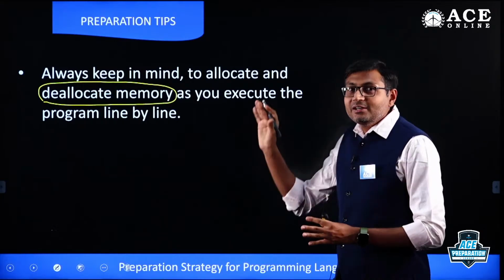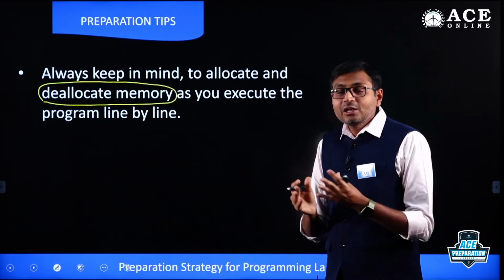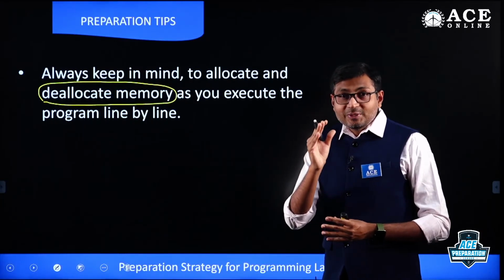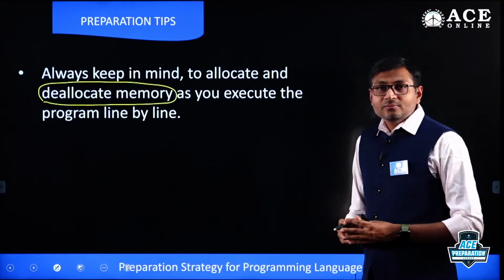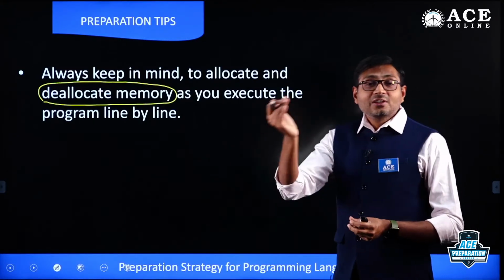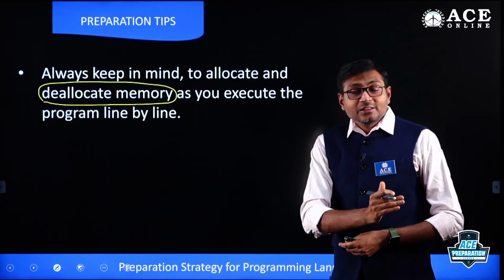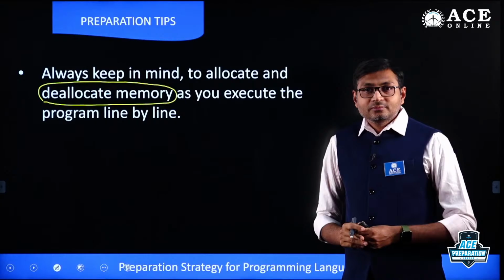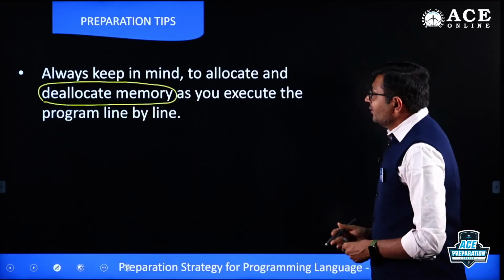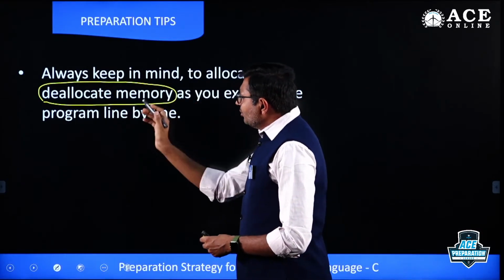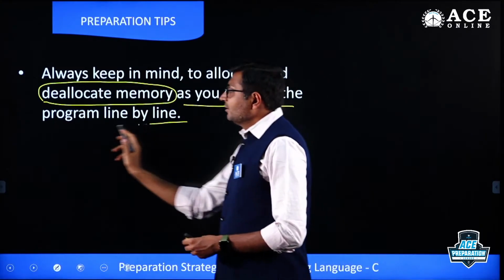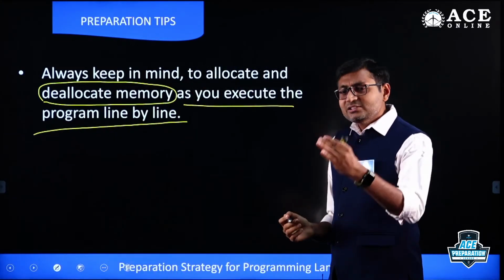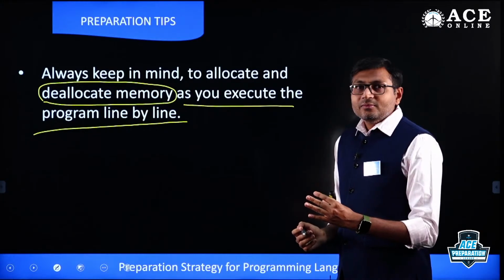Such topics depend on the concept of deallocation of memory, especially the dangling pointer. As you have learned, whenever the function returns to the caller, the memory for local variables is deallocated. So try to do this as you solve the program and execute it line by line.